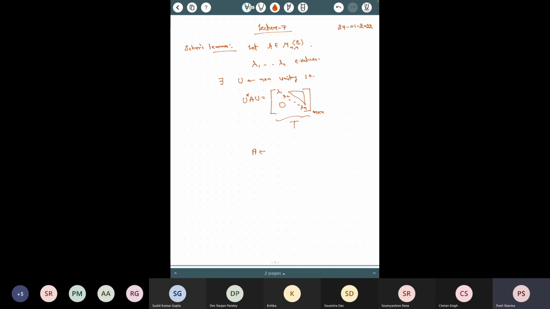But the question is, can we find a real orthogonal matrix Q instead of unitary, such that Q star AQ, or Q transpose AQ, is upper triangular?